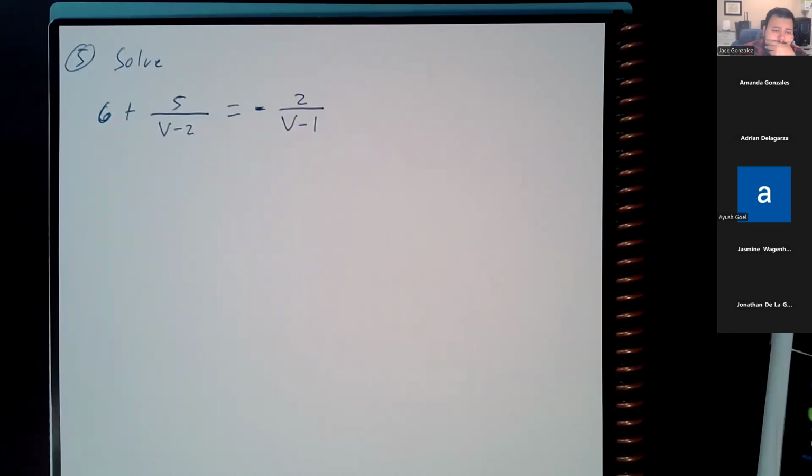So you gotta solve for V, but notice how V is under the denominator, which kind of sucks.